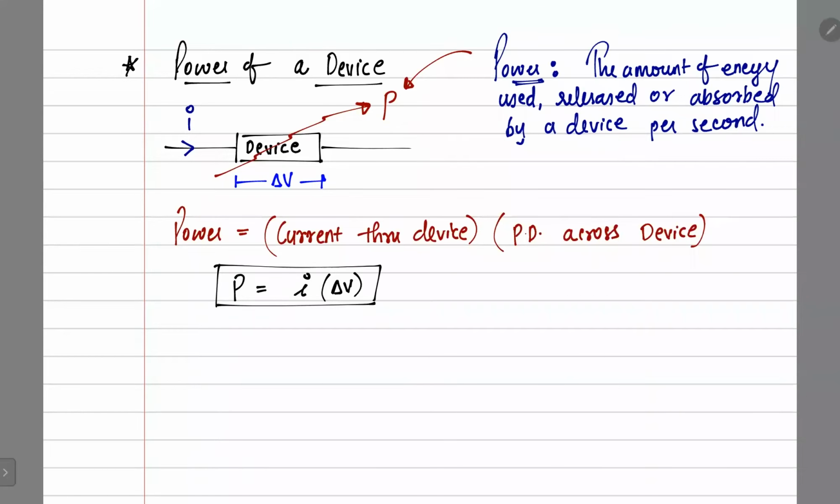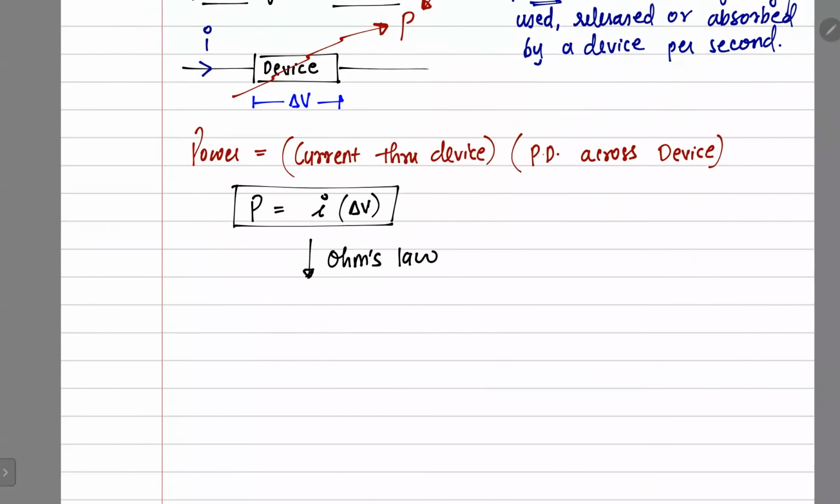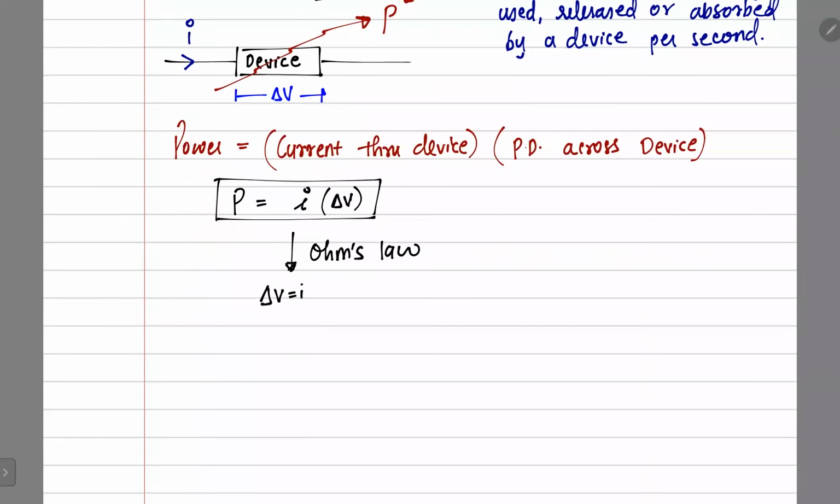Now, if you apply Ohm's law to this, then Ohm's law says that delta V is equal to IR. And Ohm's law also says that I is equal to delta V upon R. It means the same thing. Then power can again be written as I, and instead of delta V I write IR.